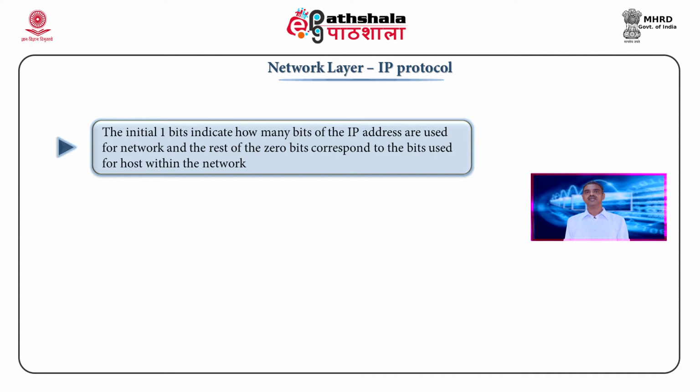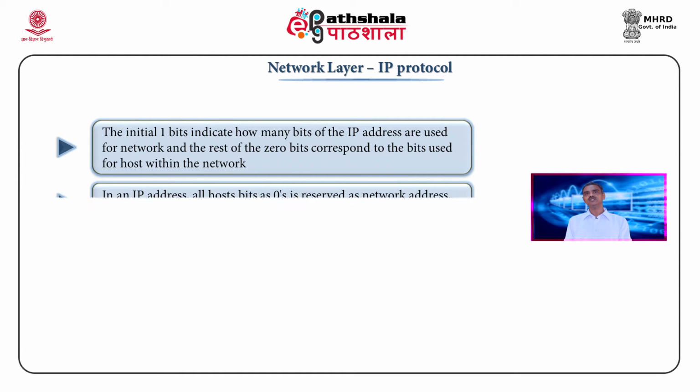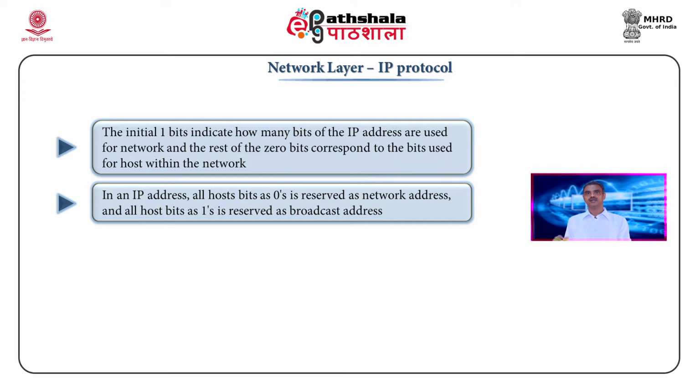and the rest of the bits are used for hosts within the network. Again, in any network, in the host part, we have two values that are reserved: all bits of host as zeros and all bits of host as ones. All bits zero are reserved to indicate the network address, and all bits 1 for the host part indicate a broadcast address.